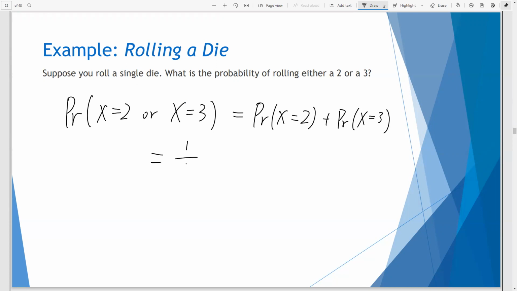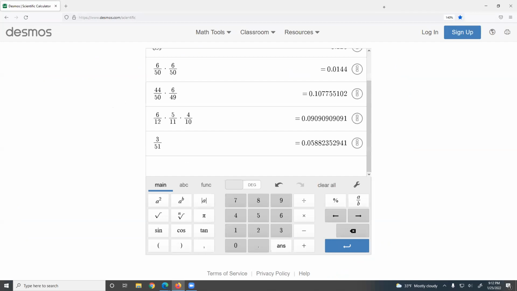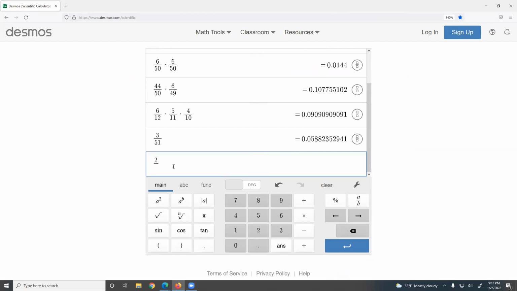That's 1/6 likelihood to get a 2, and 1/6 likelihood to get a 3. So we get 2/6, that's 1/3, that's 0.3333.